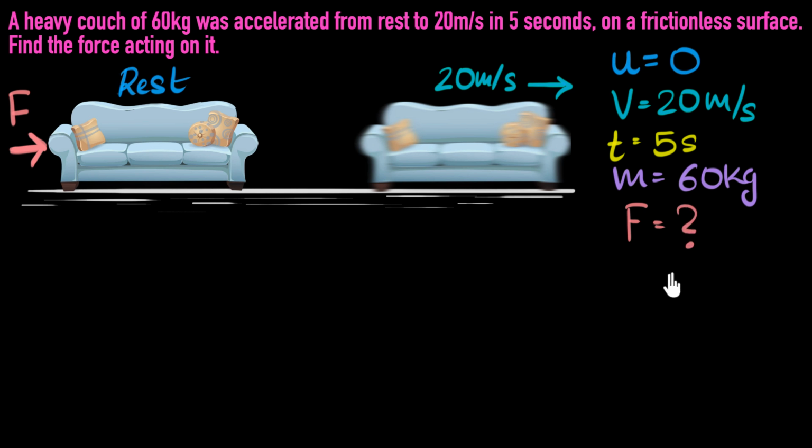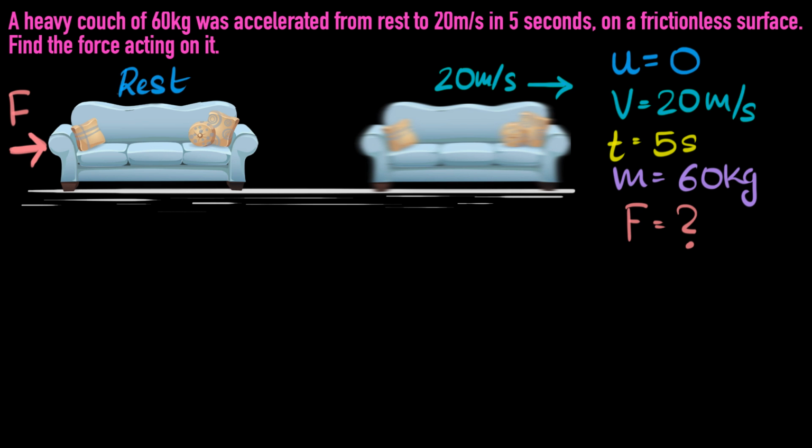Okay, so how do we calculate the force? Well, the important thing to notice is we are asked to calculate the force, and we are given the details of motion, which means we need to connect force and motion. Which equation connects force and motion? Well, Newton's second law.